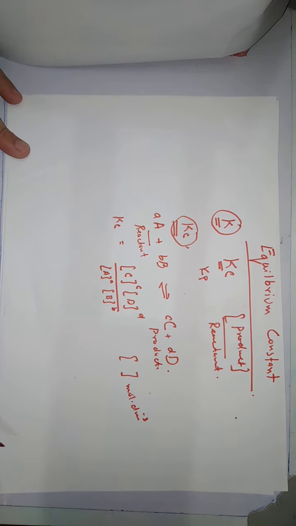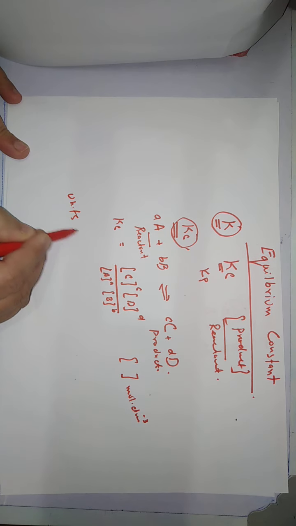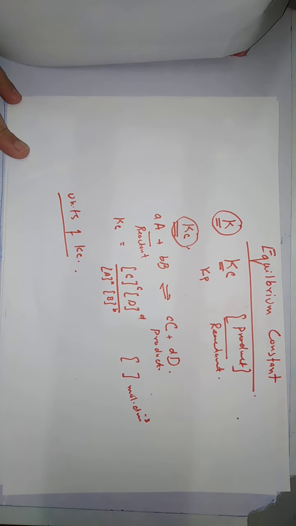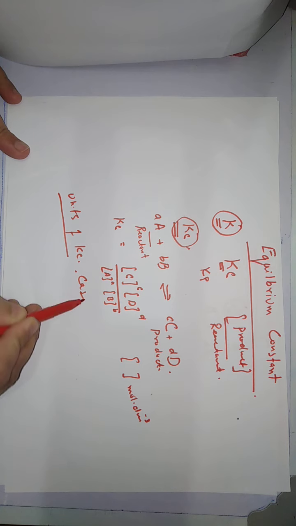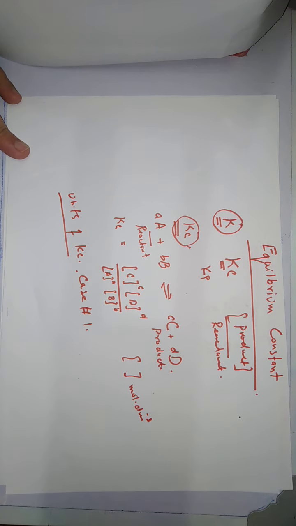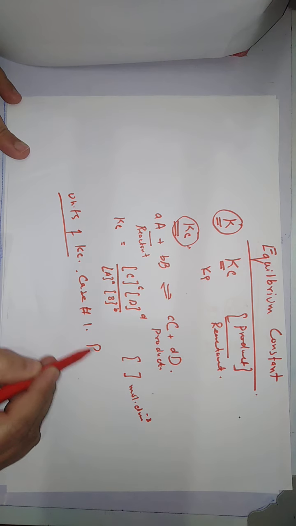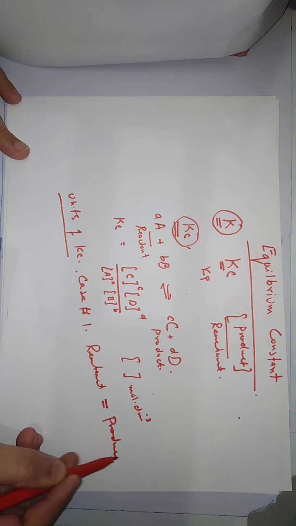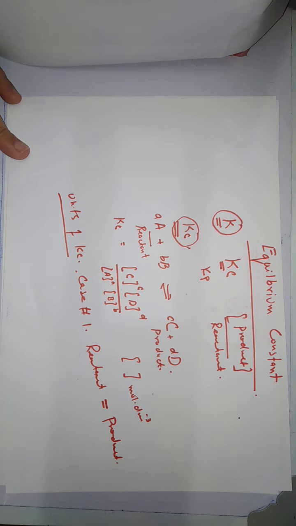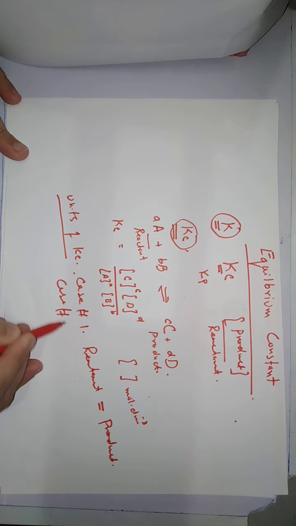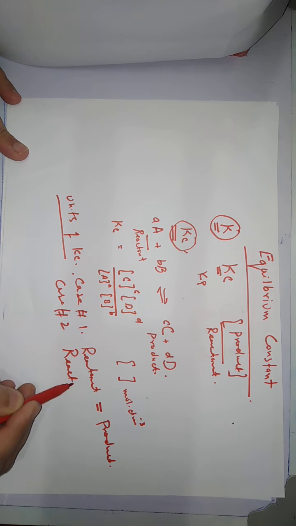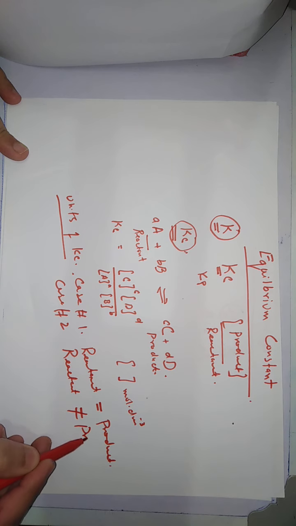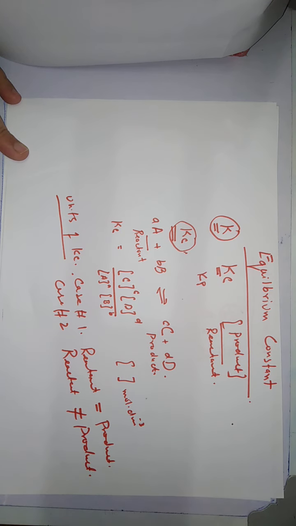Now, what are the units of Kc? For the unit of Kc, there are two cases. Case number 1: if the amount of reactant is equal to the amount of product. Case number 2: if the amount of reactant is not equal to the amount of product.